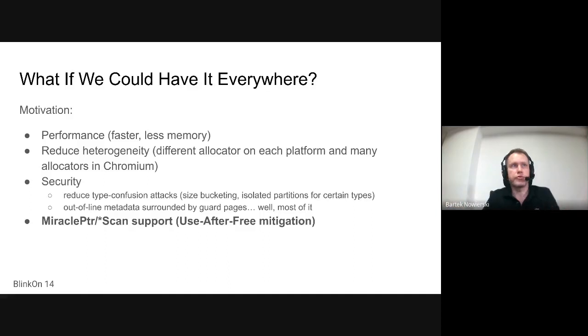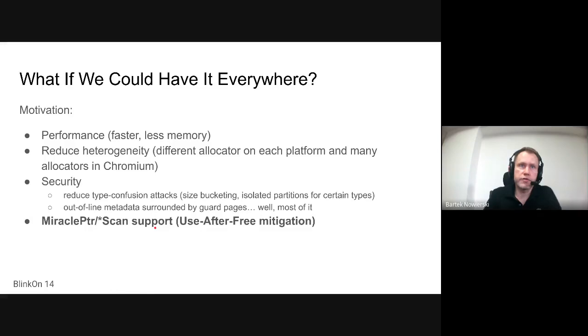Another reason would be to reduce the complexity of the code, which would no longer have to deal with so many different allocators in the code base. Security would be another reason, but to be honest, none of those were really the drop that made the cup run over. What made it is when we started talking about MiraclePtr and *Scan support.